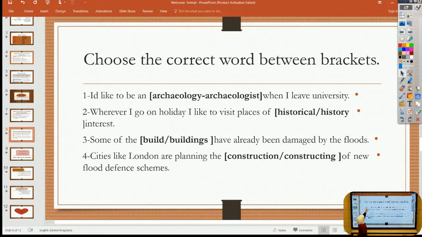Here, like this question. I'd like to be an archaeology or archaeologist when I leave university.